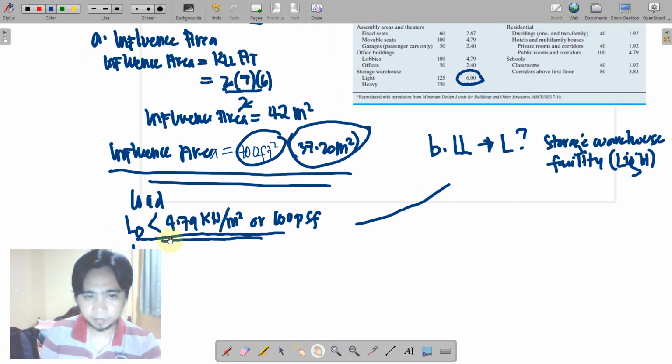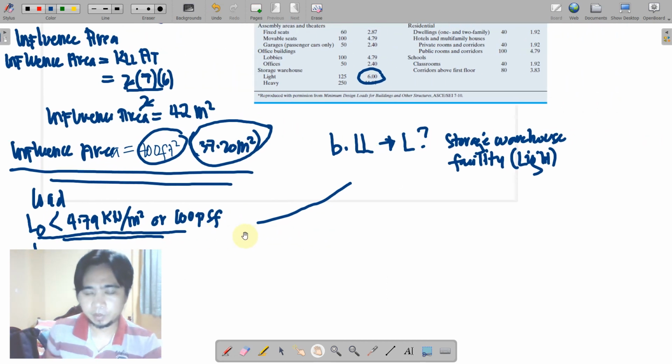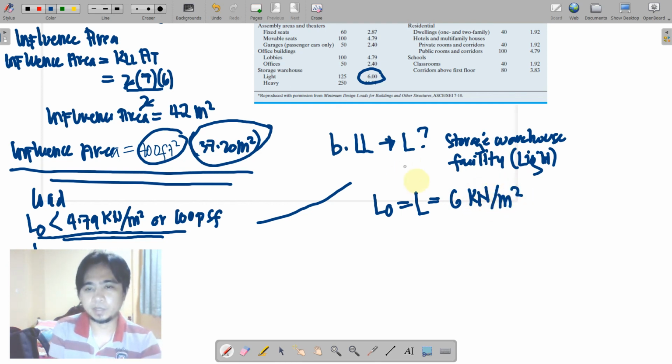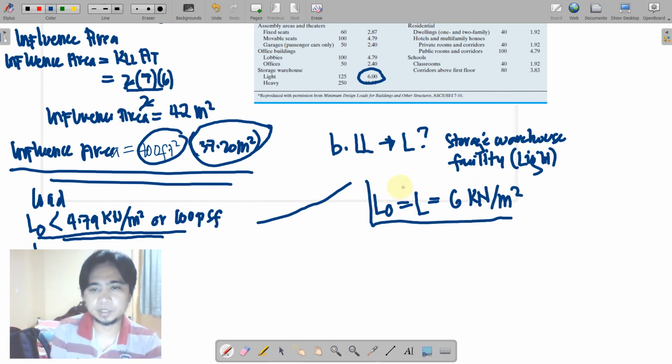It is greater than 4.79 kilonewton per square meter, meaning we are not allowed to reduce that one. Therefore, our reduced live load is maintained as L equivalent to 6 kilonewton per square meter. So this is the answer.